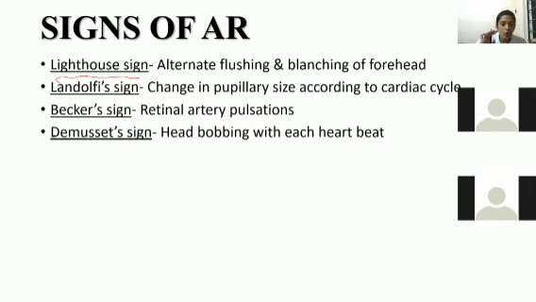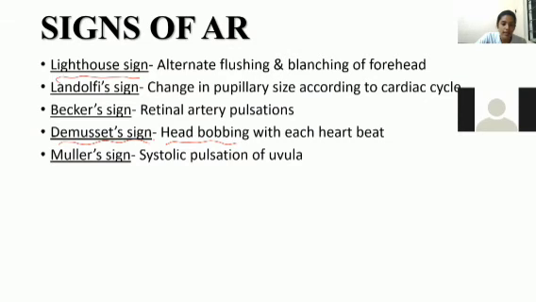Then head bobbing with each heartbeat. This is a repeated question also. De Musset's sign is head bobbing. The head is bobbing with each heartbeat. That means due to that much pressure for those beats, the head will be moving. That is De Musset's sign.